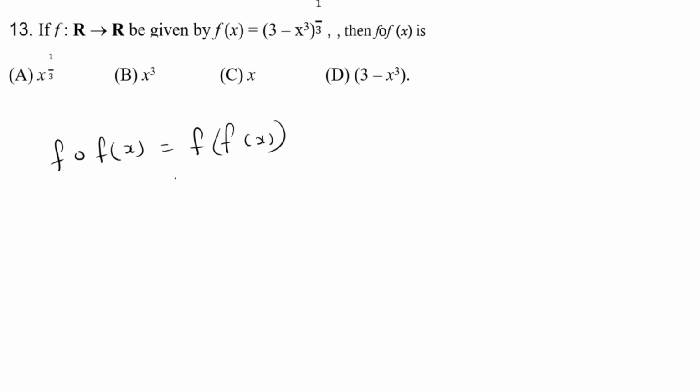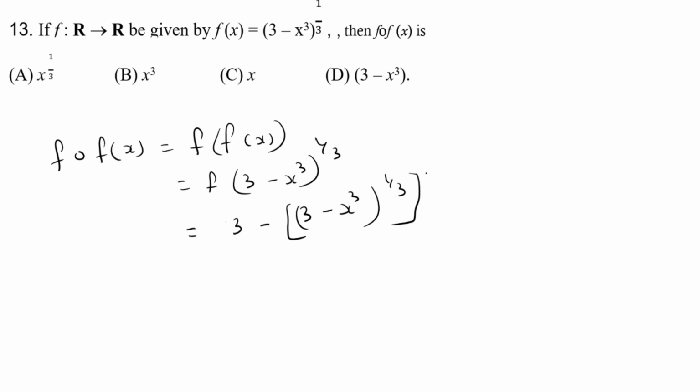So f of f of x is f of (3 minus x cube) the whole raised to 1 by 3. So this is equal to, here in place of x we have to substitute this function: (3 minus [(3 minus x cube) the whole raised to 1 by 3] the whole cube) the whole raised to 1 by 3.